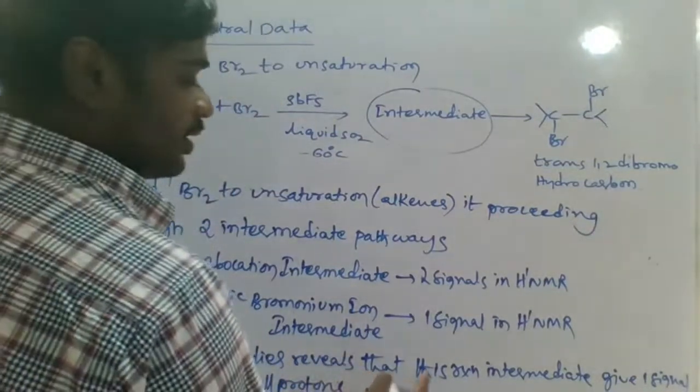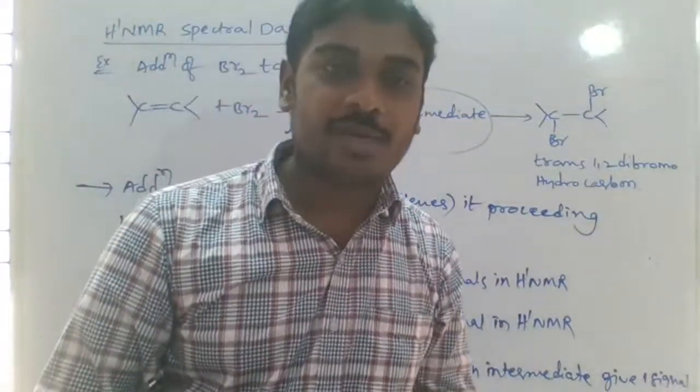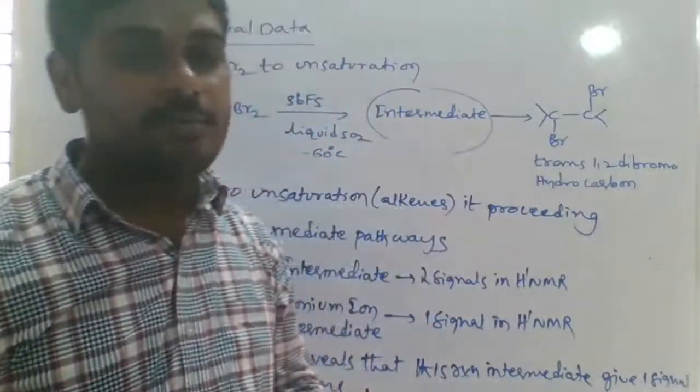Therefore, the H1 NMR spectral data supports the cyclic bromonium ion intermediate but not the carbocation intermediate.